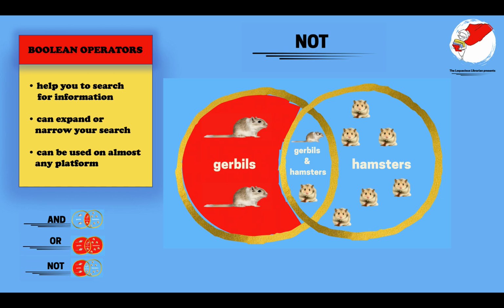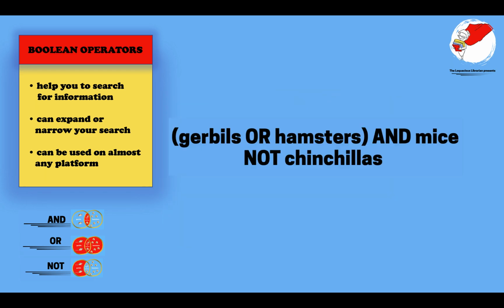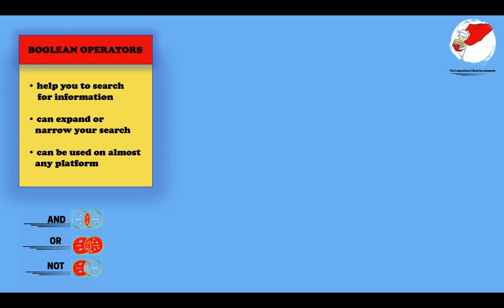If you're ready to level up your Boolean game, you can also try nesting search terms and operators within parentheses. For example, searching for (gerbils OR hamsters) AND mice NOT chinchillas would allow me to find information about both mice and either gerbils or hamsters, while excluding any results that mention chinchillas.